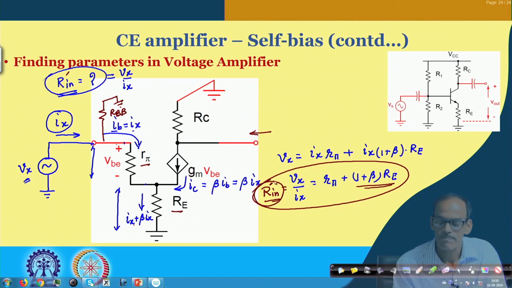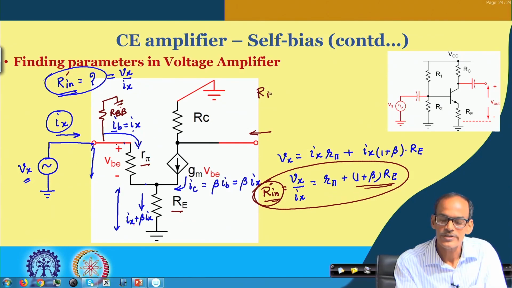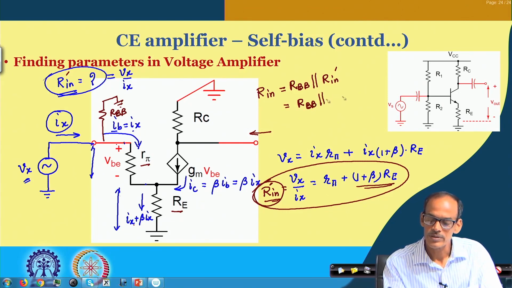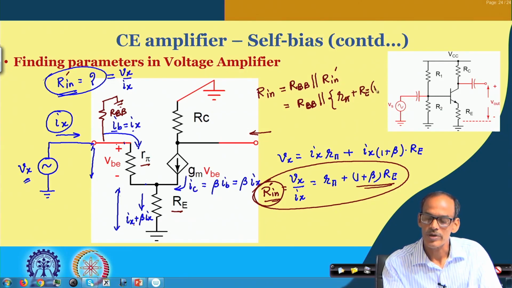R in dashed is this one, and then the total input resistance of the voltage amplifier will be R b b in parallel with R in dashed, which is R b b in parallel with R pi plus R e times 1 plus beta.